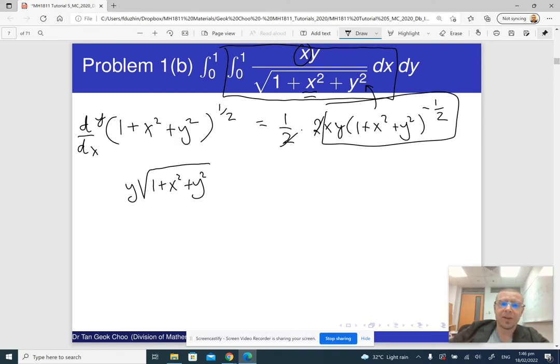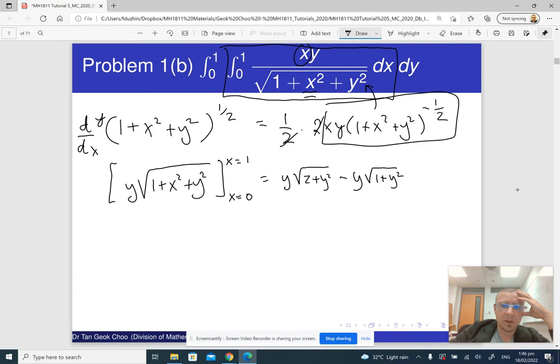Now, to find the definite integral, we need to take the change of this from 0 to 1. And I find it convenient to indicate x here, to remember that we are taking the change in x, not the change in y. Okay. Now, if x is 1, then this is y times the square root of 1 plus 1, so 2 plus y squared. When x is 0, this is 1 plus y squared, right?